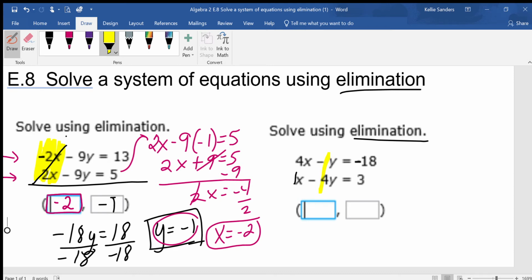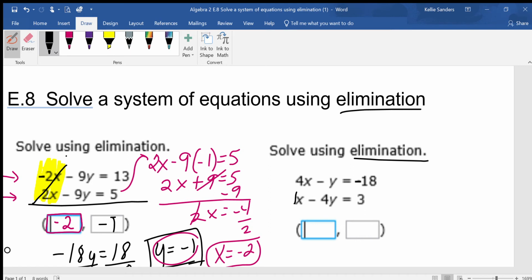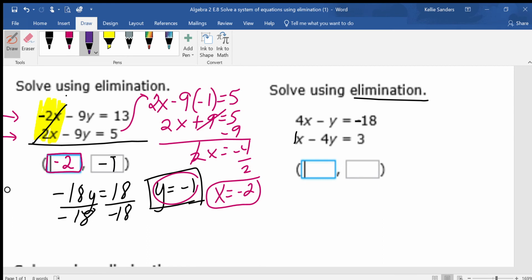Negative 5. So neither one of those works really well with what it's asking us to do. So what we need to do is figure out what will cancel out. What do we need to do?